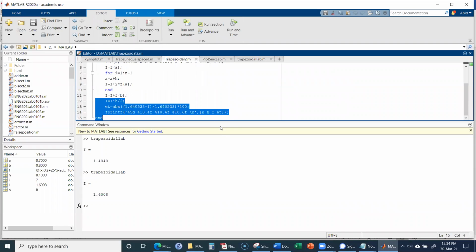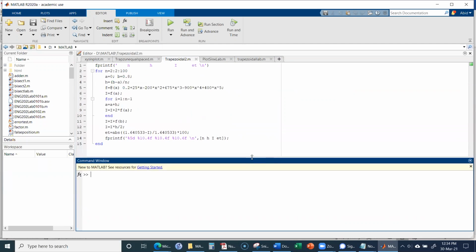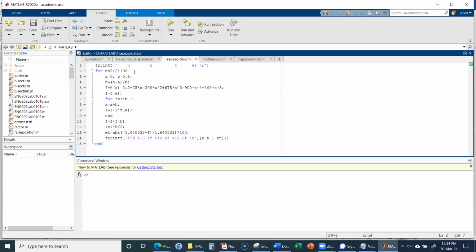In this full script, I start from this fprintf command, and then I apply 2 for loops, and I take the values of n from 2 to, say, 100 at a spacing of 2. Or maybe I take the values of n from 2 to 10. Okay, let's take 2 to 10.